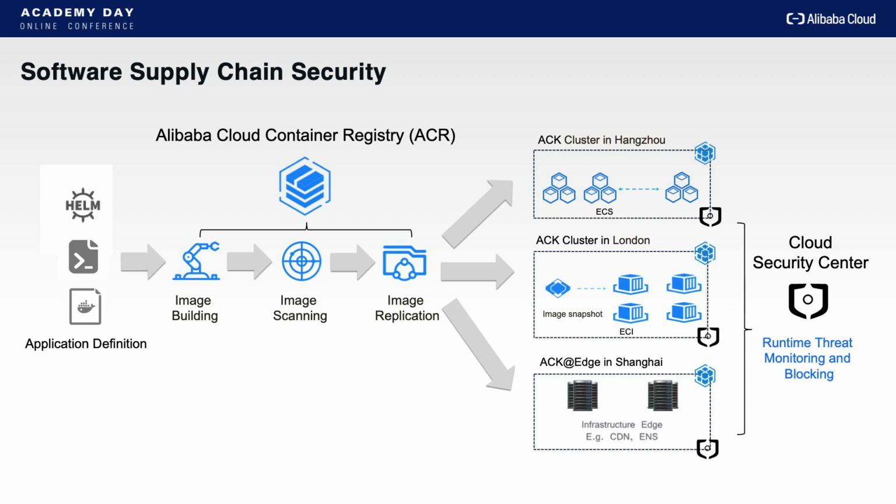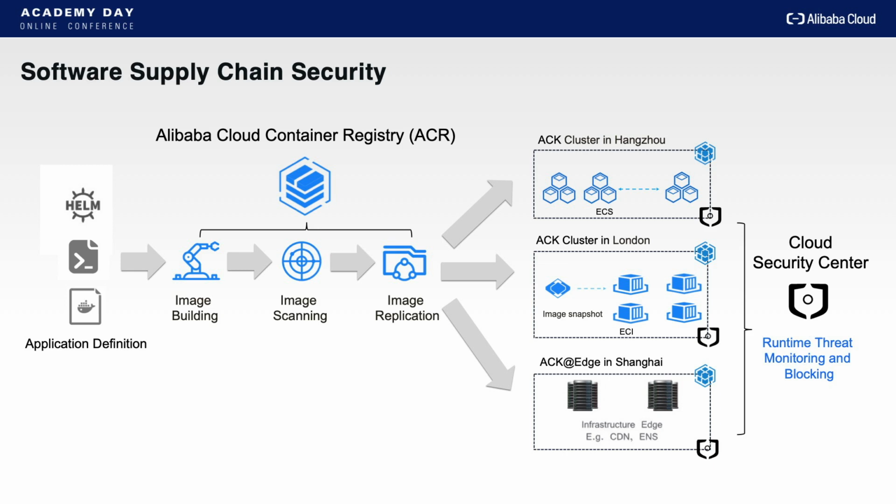Let's take a look at the software supply chain. Firstly, the developer submits the application artifacts, for example, the source code, the Dockerfile, the Helm chart, etc. Then ACR, Alibaba Cloud Container Registry, starts to build the Docker image, and it can scan and sign the image automatically.